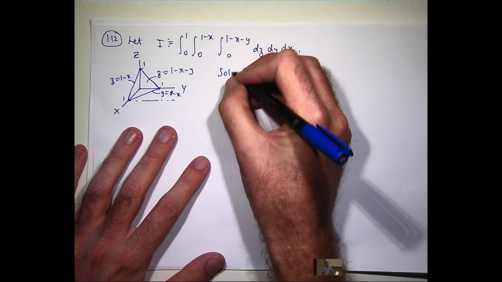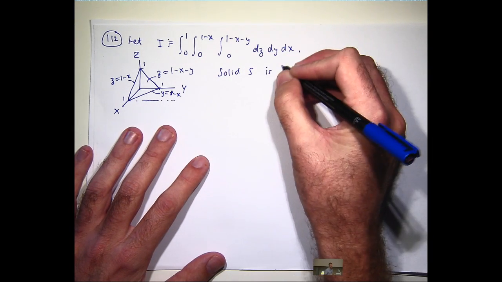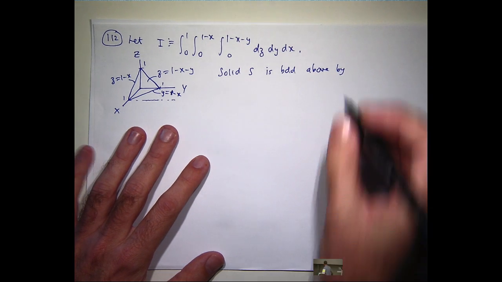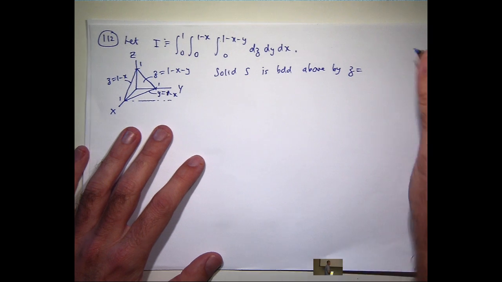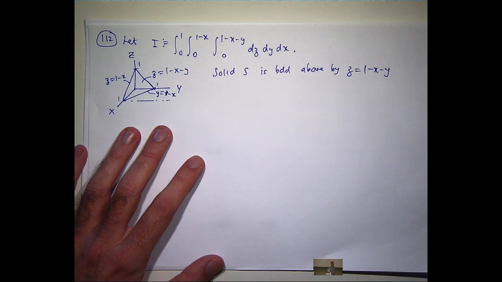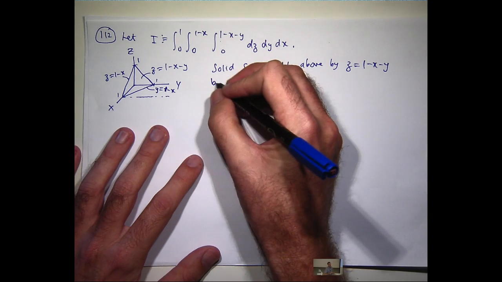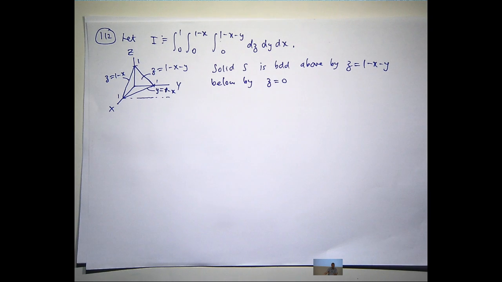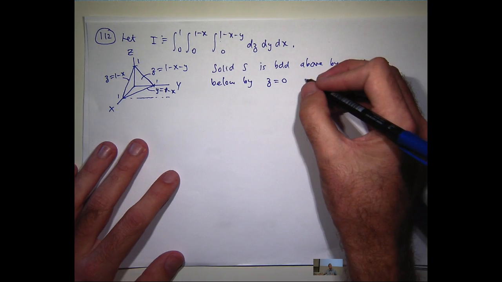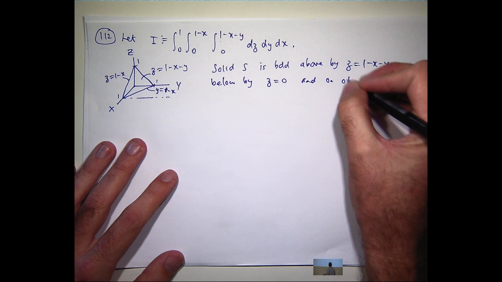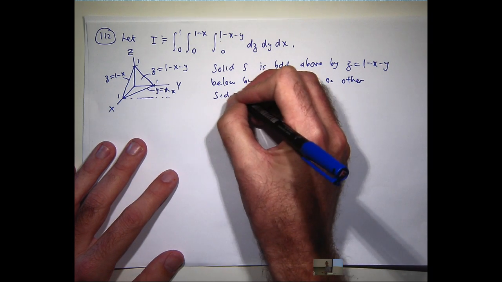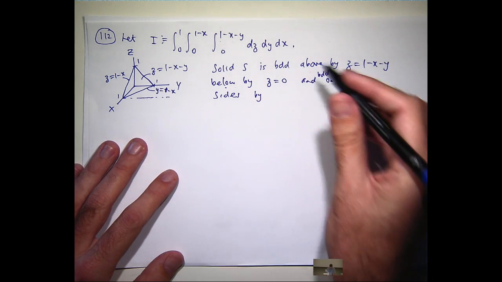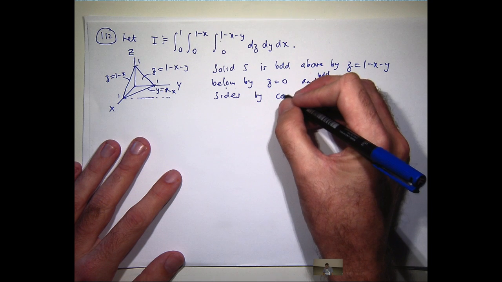So let's call the solid, say, S. It's bounded above by z equals this, bounded below by this, and on the other sides by the coordinate planes.